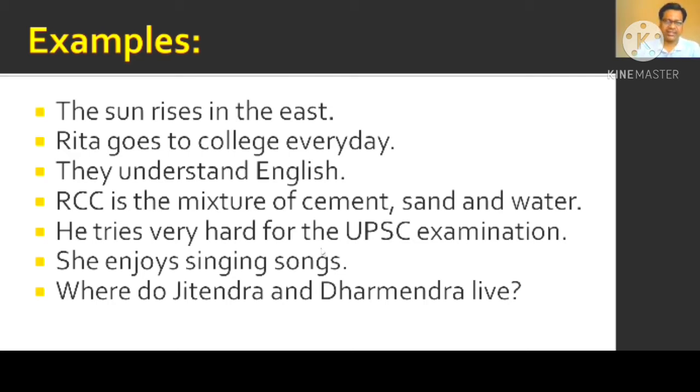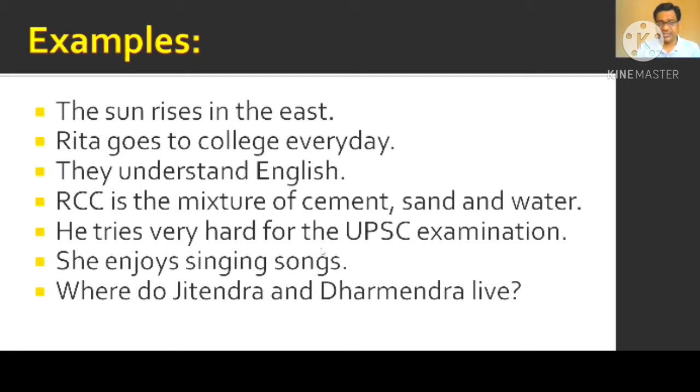See, he, third person singular number, is the subject of the sentence. To try is the infinitive of the verb. Base form of to try is only try.